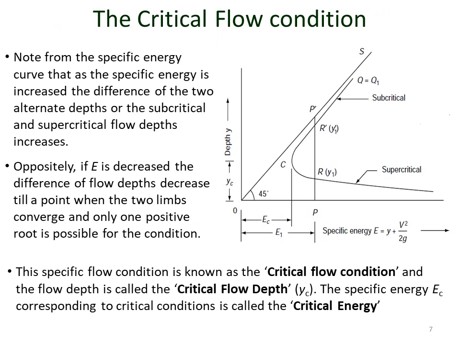So always remember, subcritical flow is a condition in which the flow depth is large and the flow velocity is less, whereas supercritical flow is a condition in which the flow depth is small and the flow velocity is very high. That's the difference between subcritical and supercritical flow. They are just opposite to each other in the characteristics of the flow.